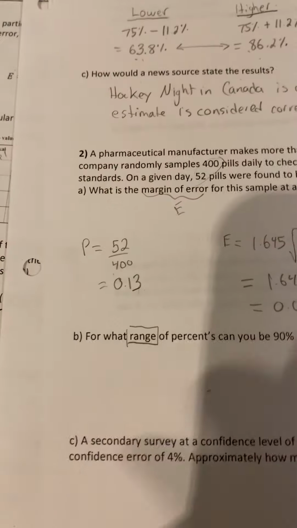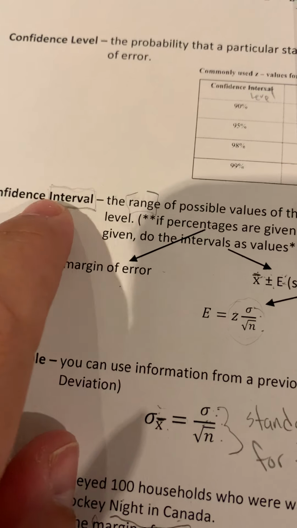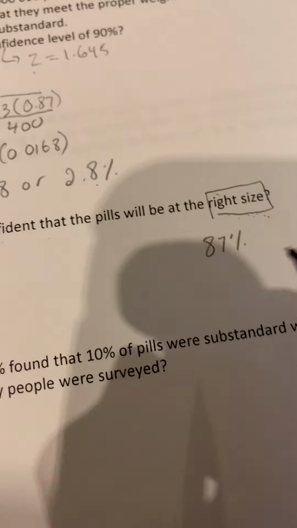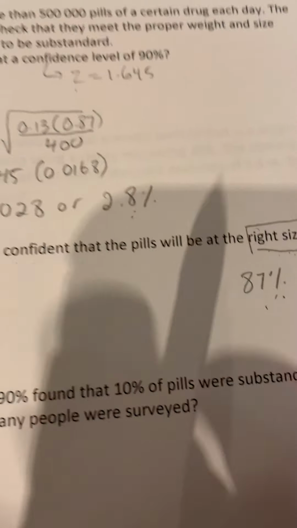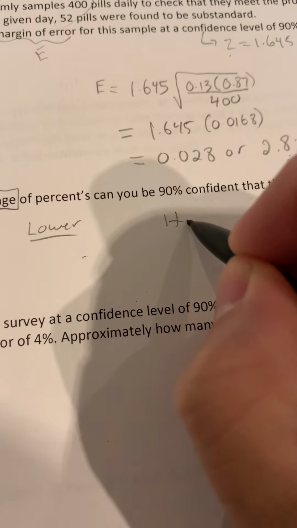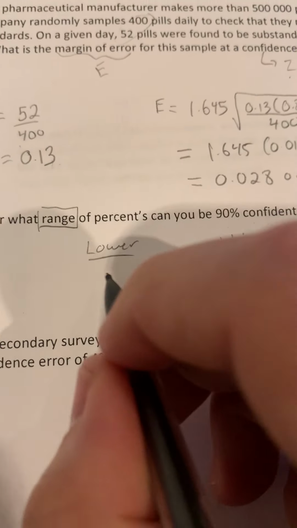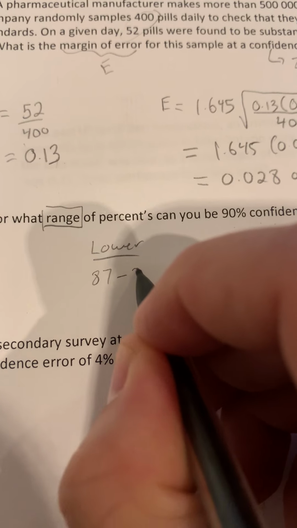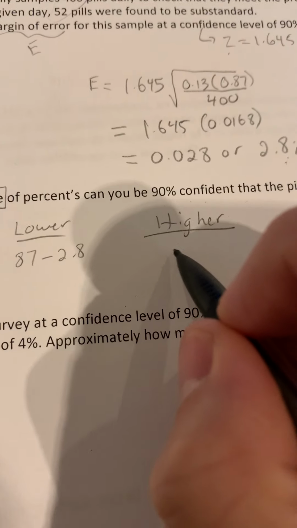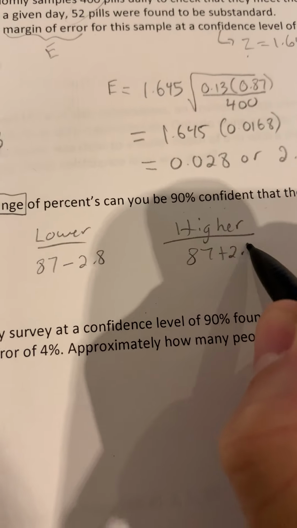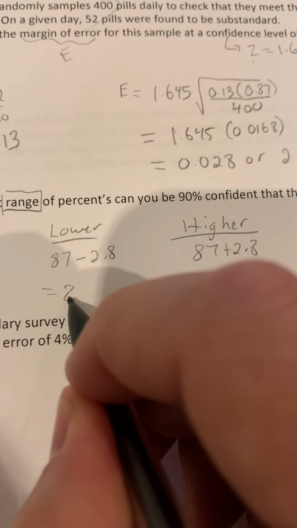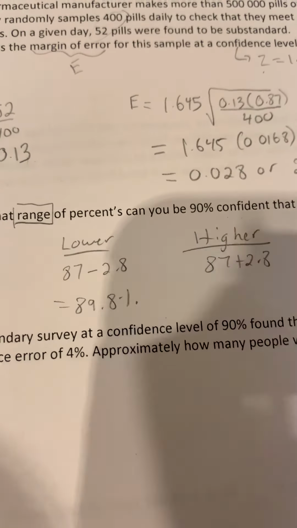So remember, the range is for the confidence level. So we're going to add and subtract our answer to this one, at the lower level and at the higher level. So our lower level would be 87 subtract 2.8, and our higher level would be 87 plus 2.8. So it gives us 89.8%.